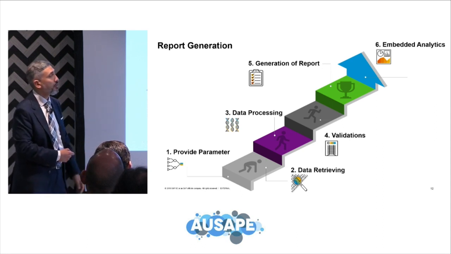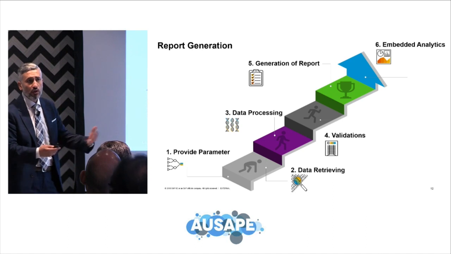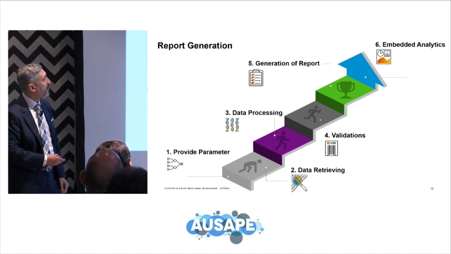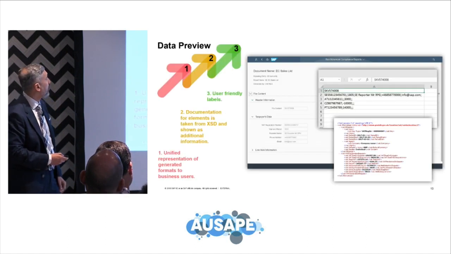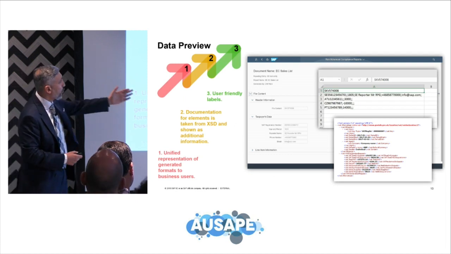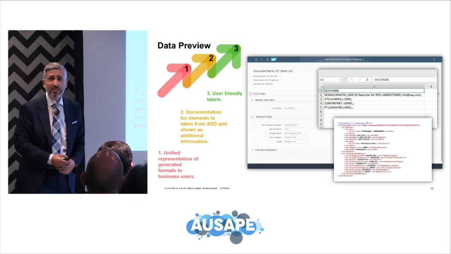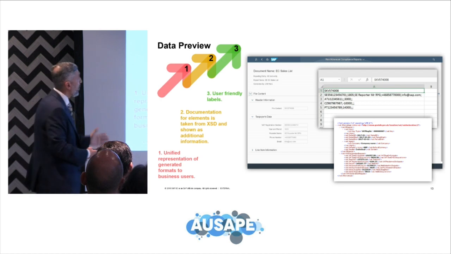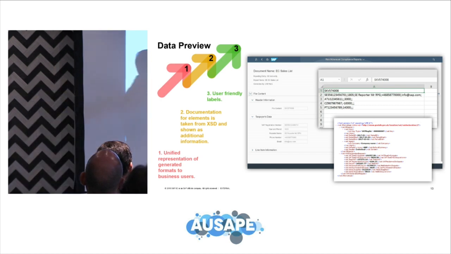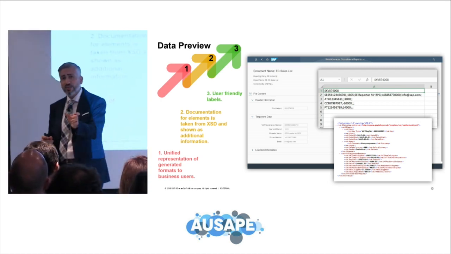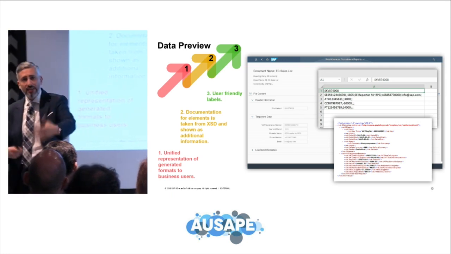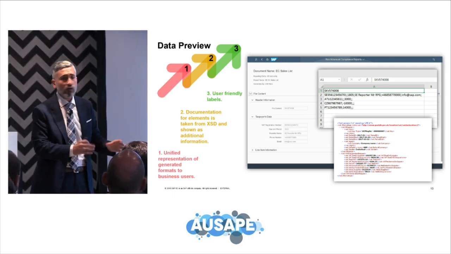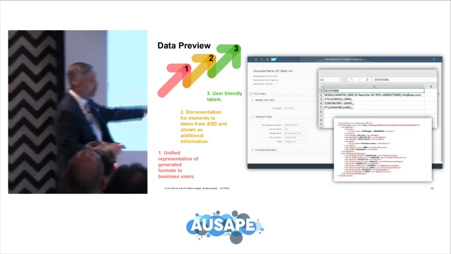And at any point of time, the embedded analytics can be used to see and compare maybe different runs of the report. So data preview is also one of the features that exists in ACR.